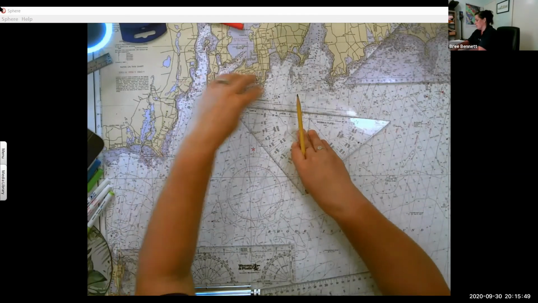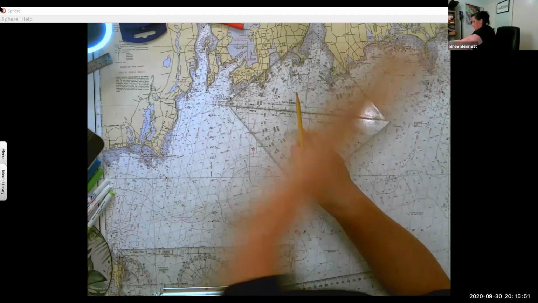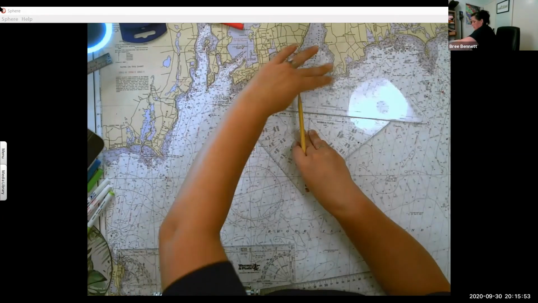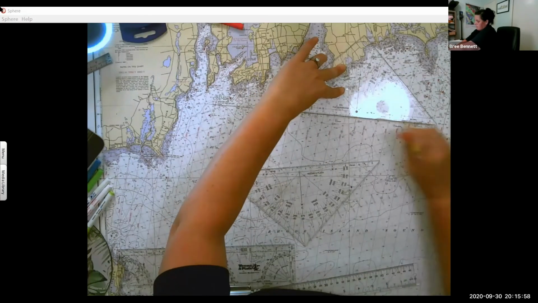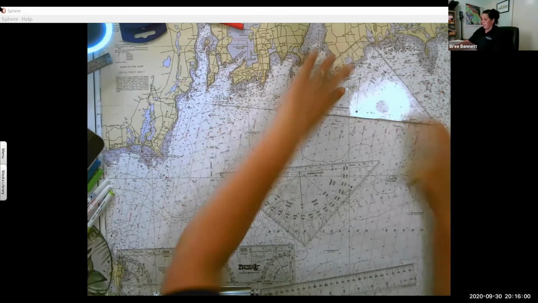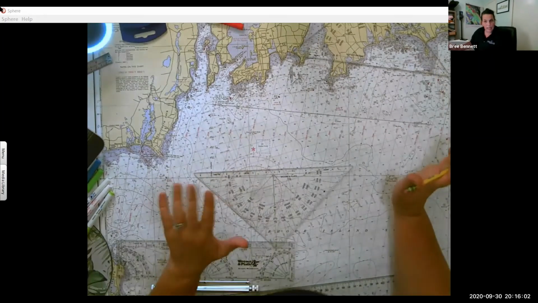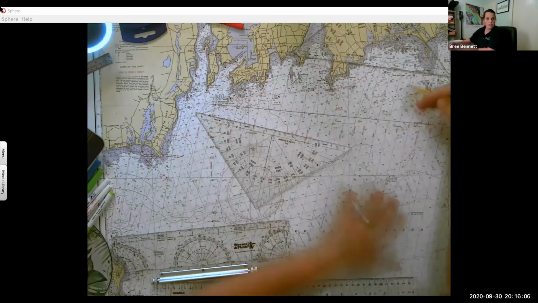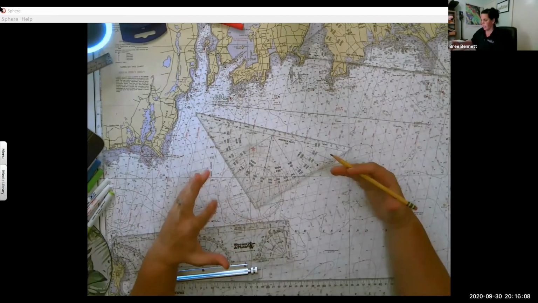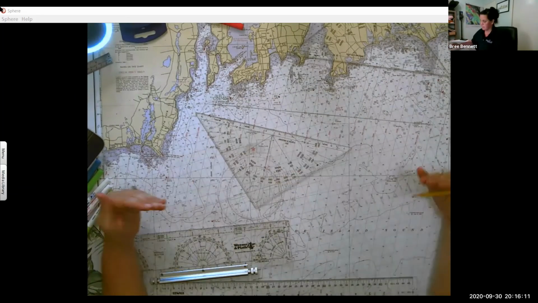So I'm going to move this along, and always draw along the top triangle. You don't have to do it that way, but I find it more accurate than switching from one tool to another. You kind of get a broken line, and you want that line as straight as possible.